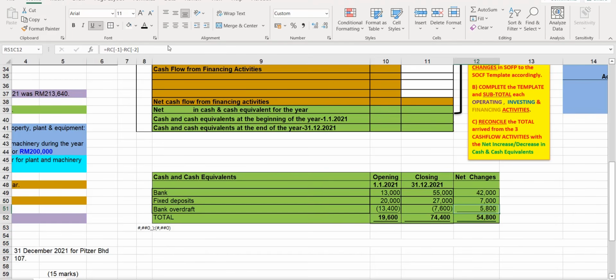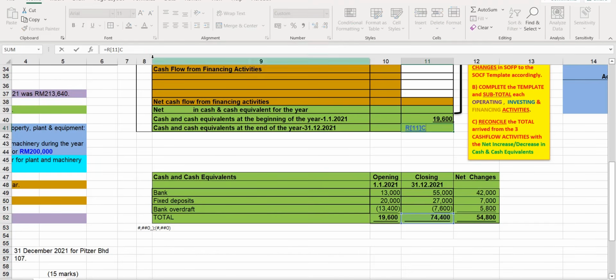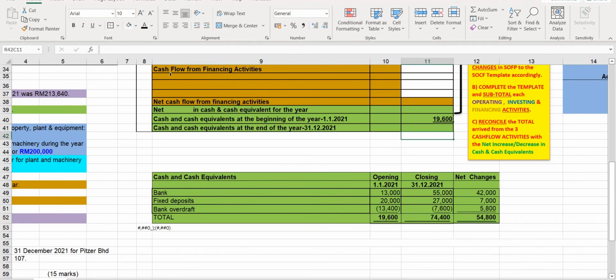And if you do that, the answer here, which is the opening balance, cash and cash equivalent at the beginning of the year, will be here. I'm going to show it there, 19,600. Cash and cash equivalent at the end of the year will be here, right? It will be here, which is 74,400.